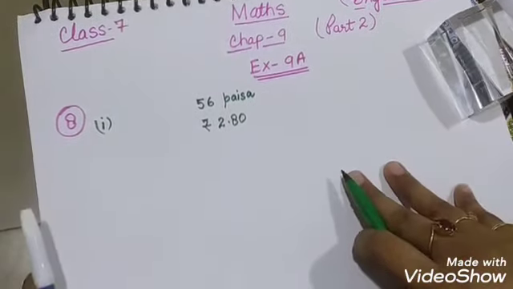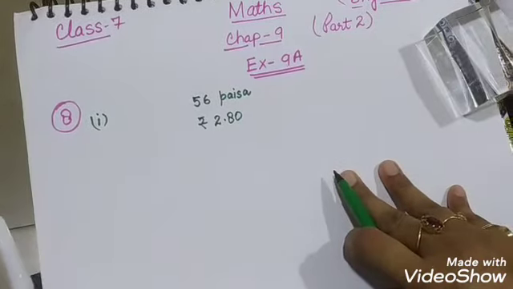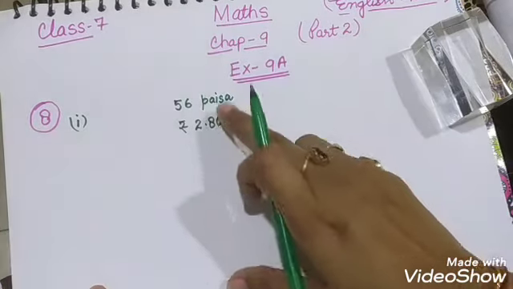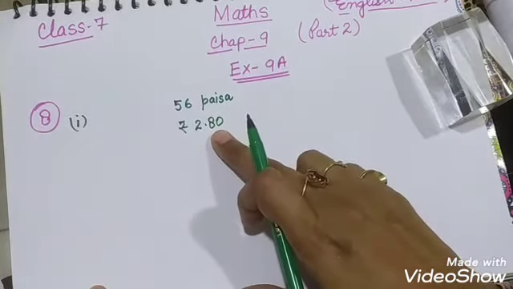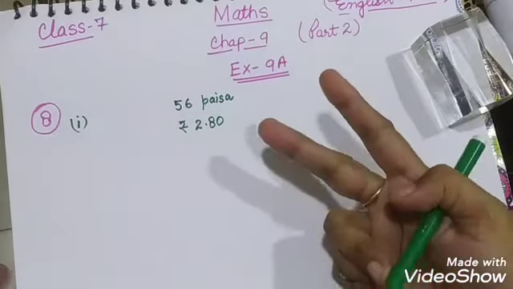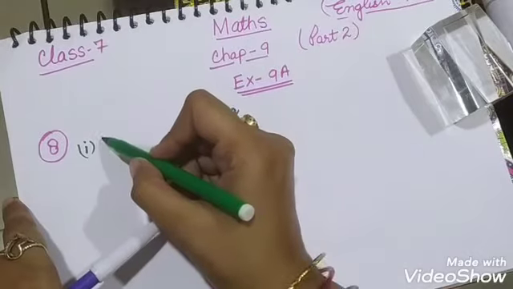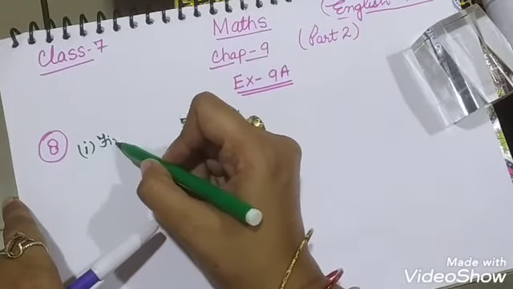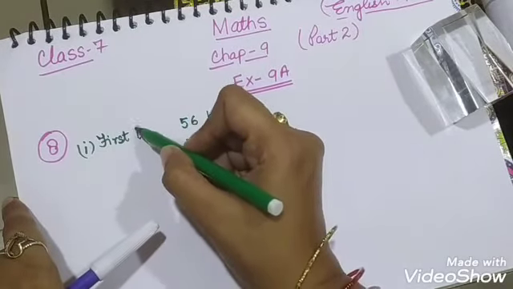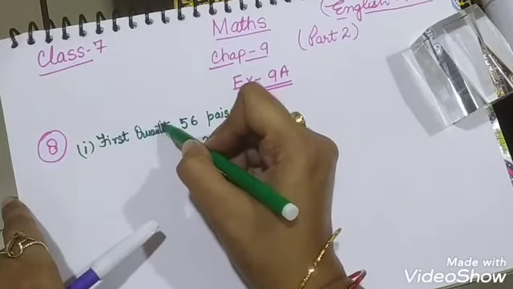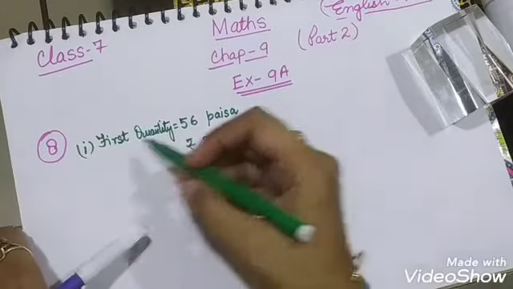When a question is given in such a form, like express 56 paise as a percent of rupees 2.80, it means we have two quantities. The first one is called the first quantity, and it is 56 paise.